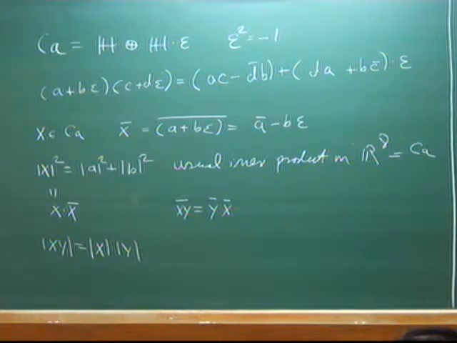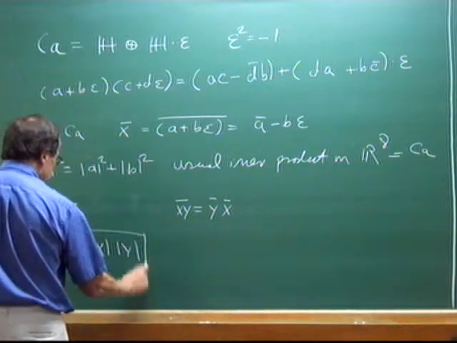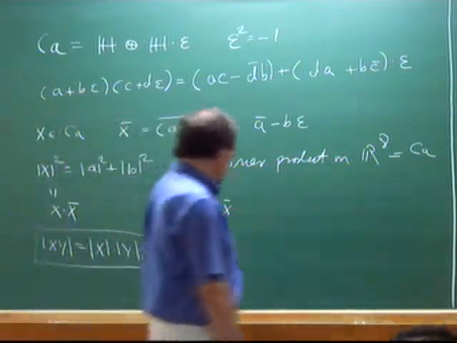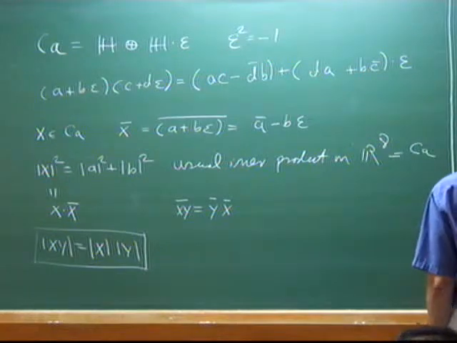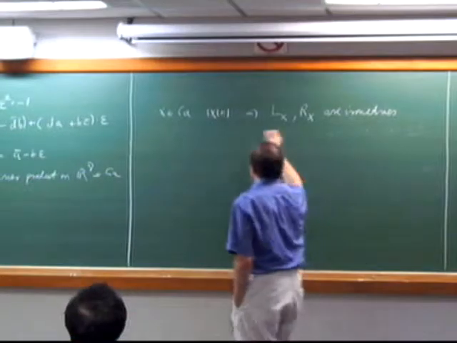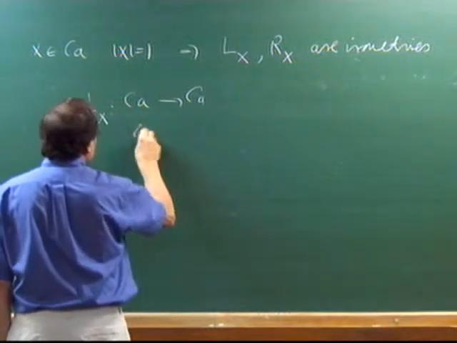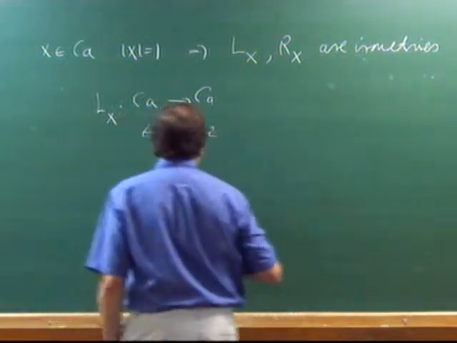But now I want to derive various properties. Maybe the first consequence of this rule right here, which is a really important one. It's a strong property. It says that if I take a Cayley number x of unit length, then left translation by x and right translation by x are isometries. Because in the usual, kind of obvious notation, I take z and send it to xz.